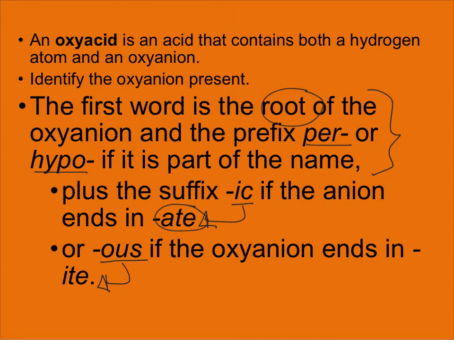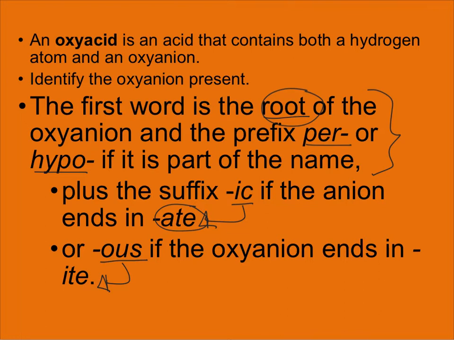Okay, for naming this, the first word is the root of the oxyanion, and then if there's a per or a hypo in there, make sure you add that. Then, plus that, you're going to add ic if it ends in ate, or you're going to add ous if it ends in ite.